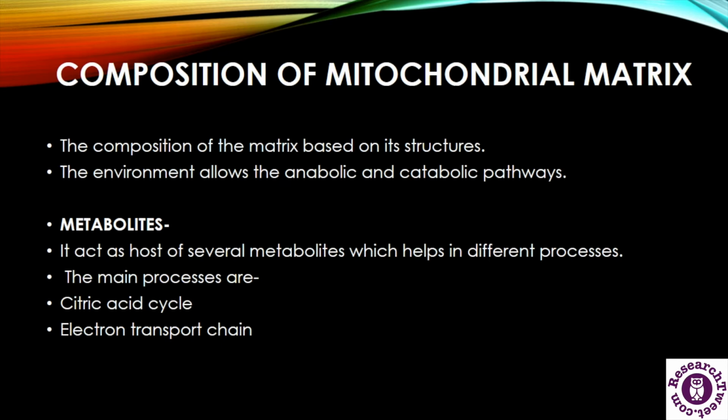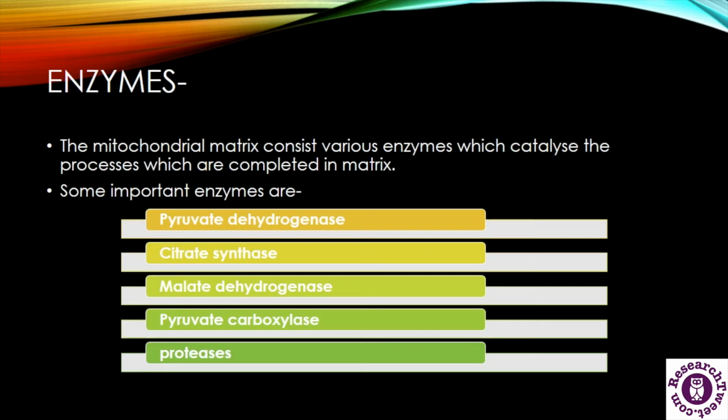This process involves acetyl coenzyme A, pyruvate, citrate, isocitrate, succinyl coenzyme A, fumarate, succinate, oxaloacetate, and many other metabolites. The other process is the electron transport chain or oxidative phosphorylation, which also needs different types of factors or metabolites for the completion of its process, and all these metabolites are found in the mitochondrial matrix and act as a host for these processes.